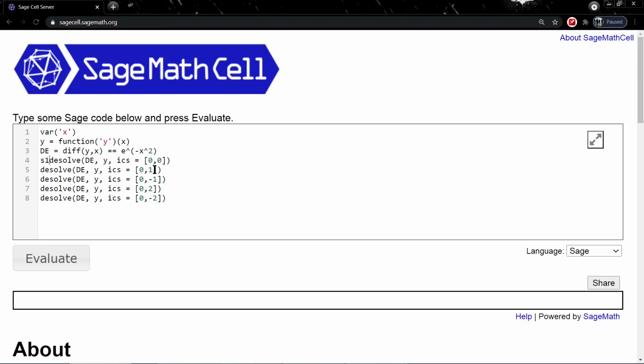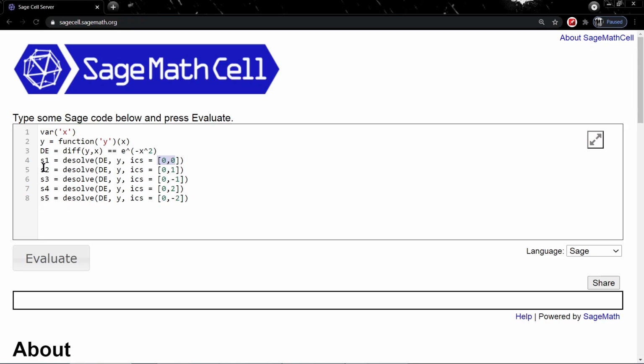So we are going to define variable S1 in which we will store the first solution, S2 for the second one, S3 for the third one, S4 and S5. Now these S1 to S5 variables hold the solution of the differential equation for initial condition 0, 0, 0, 1 and so on.